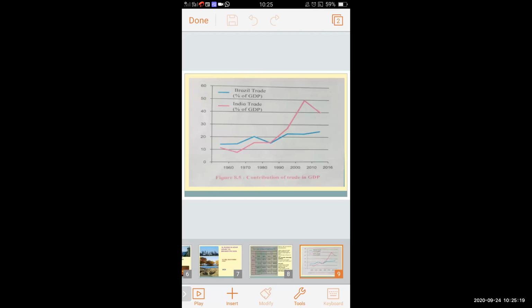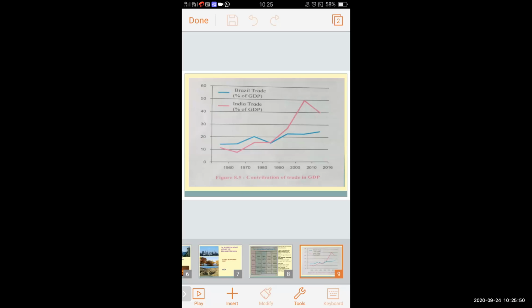The years given are 1960, 1970, 1980, 1990, 2000, 2010, 2016. This means the gap between years is 10 years in the graph, and only the last, 2010 to 2016, is 6 years.